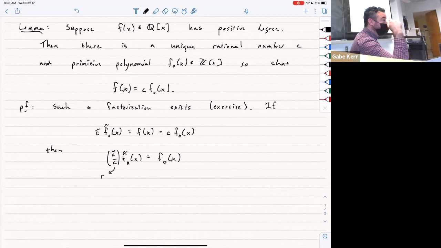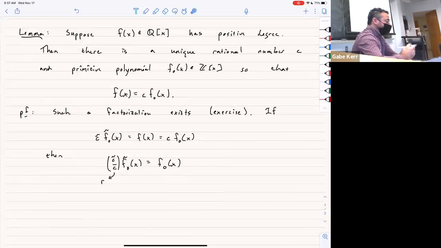It has to be 1. Okay, you say r has to be 1, so explain yourself. Because f naught tilde of x and f naught of x are both primitive polynomials, so they can't have any common factors you can bring out. Okay, I think that's more or less right.